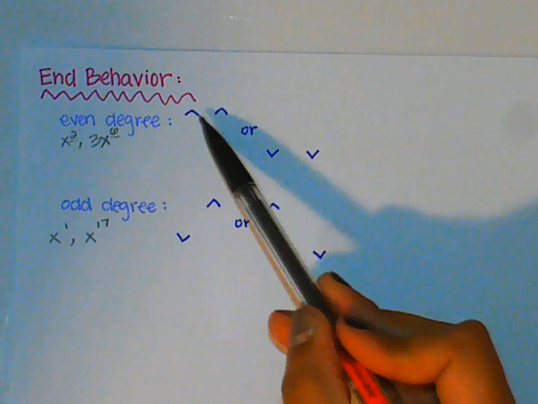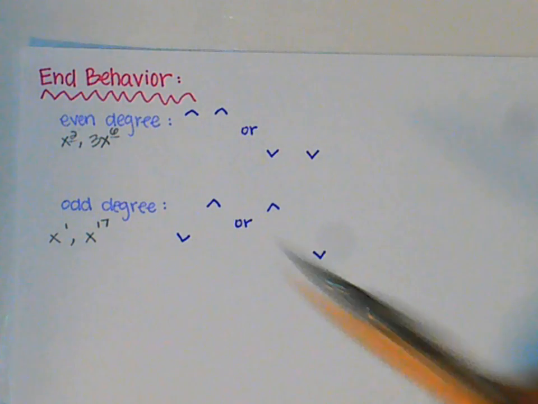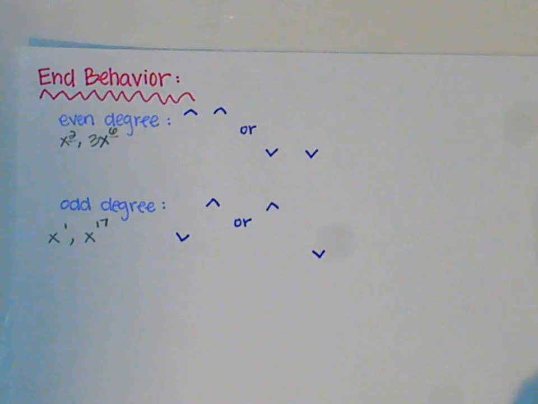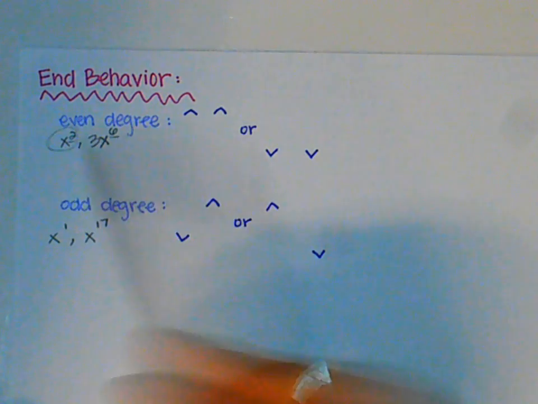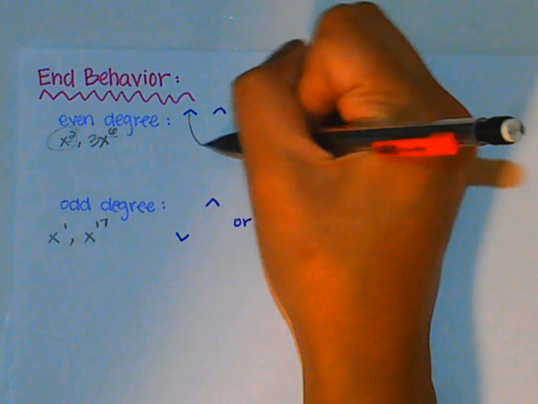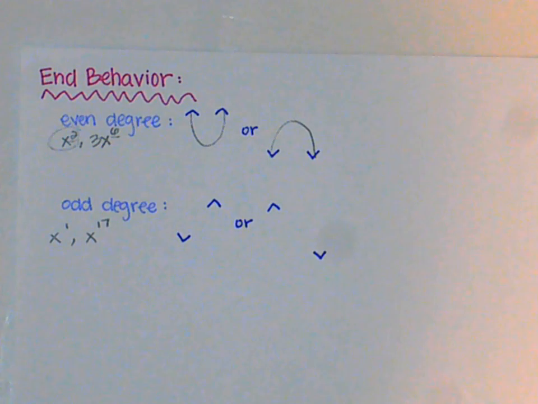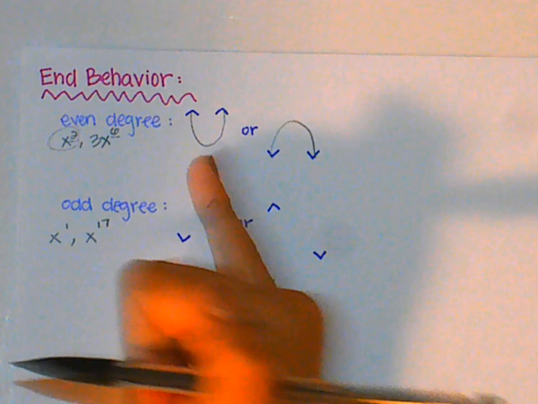Now you see that these are arrows. They kind of look, I don't know, like smiley faces almost with this one, but they are the arrows of my graph. So say, for example, I were to graph this one, x squared. I know that my graph could either look like this or like this, whether it's opening up or down.